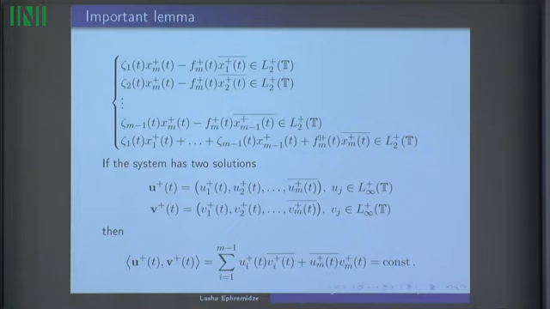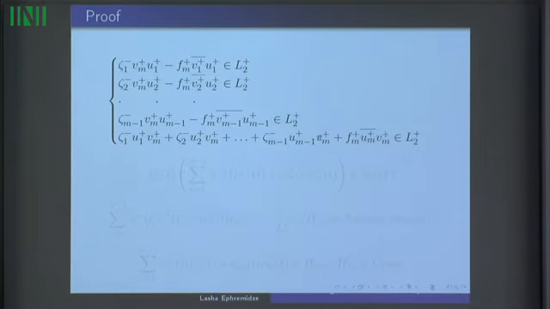This important lemma has a simple proof, and therefore I will present it here. If we put v in the first m minus 1 equations, and in the last equation we put u, and we multiply the first equation by u1, the second by u2, and the last one by vm, we will get this system from the previous system.